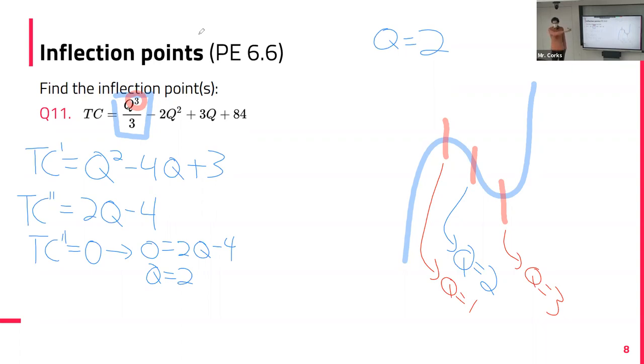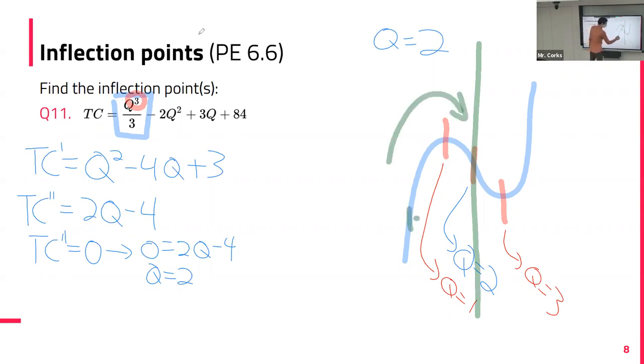Can you describe to me what an inflection point is? What happens there? Okay, so before this point here, we have this curving down pattern. The slopes are sometimes positive and sometimes negative, but the whole time they are getting closer to negative infinity.